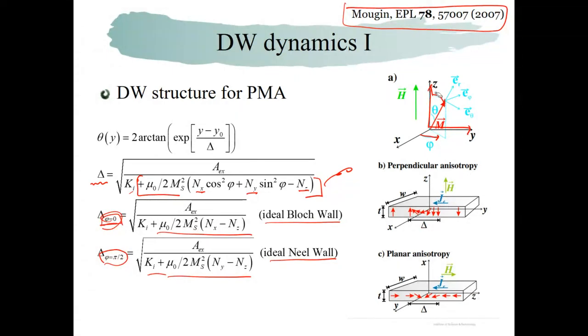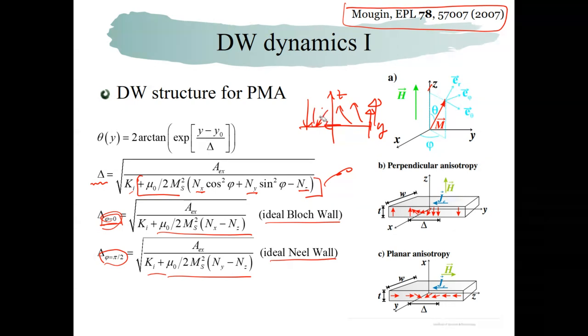So the domain wall is moving in the yz plane from this up direction to the down direction here. Then the magnetization is rotating something like this. Like this. That's the Bloch wall.